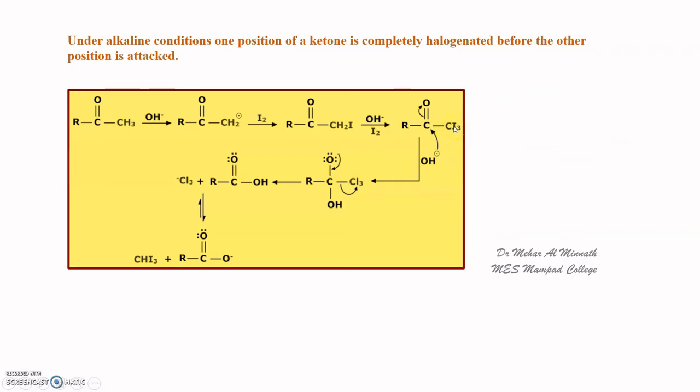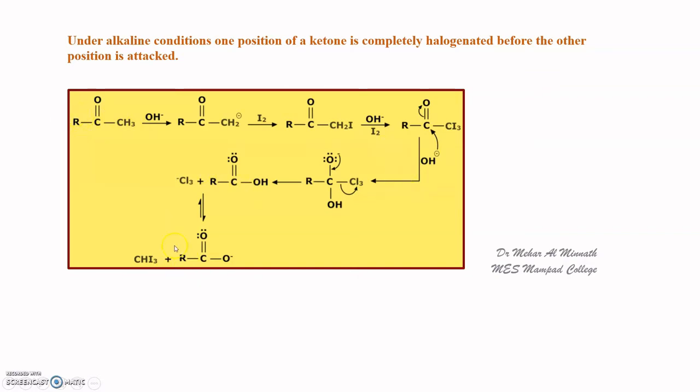That is, complete halogenation of the ketone is happening. So once a particular site is attacked by a halogen, then complete halogenation of that site occurs. Then only will it move on to the next alkyl group.